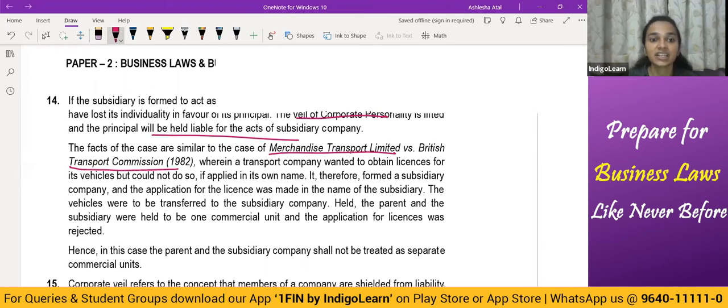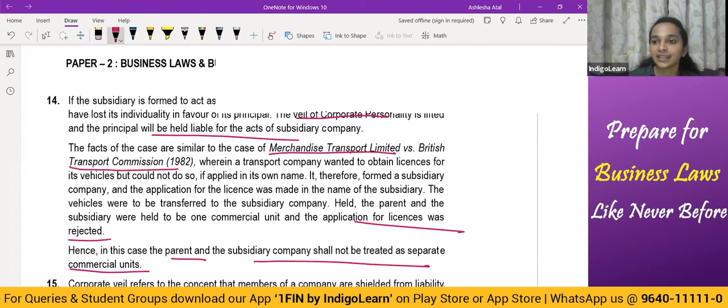So they formed a subsidiary and made applications in the name of the subsidiary. So here the application for licenses was rejected. So in this given case as well, the parent and subsidiary company shall not be treated as separate commercial units. The corporate veil will be lifted in this case as well.